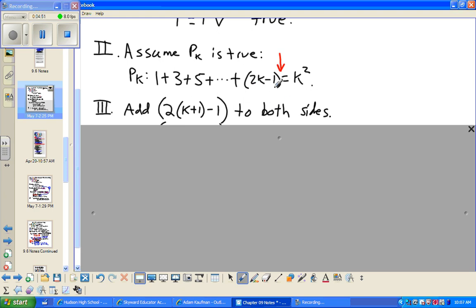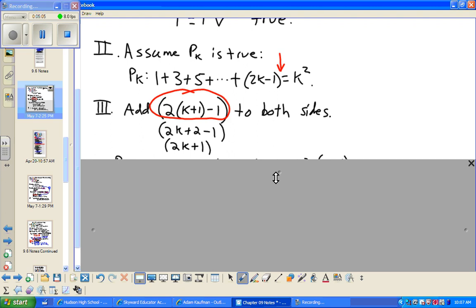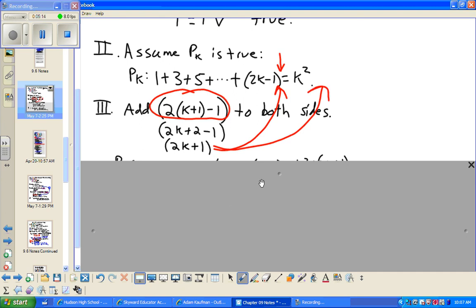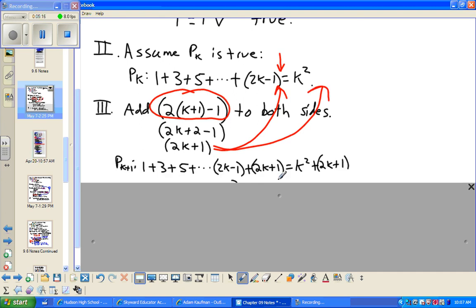To get the next term, if this is the kth term, I would need to add a term that has, instead of a k here, a k plus 1. That's what I've shown here. I'm going to add that to both sides. If I simplify that out, I get 2k plus 1. So I'm going to add 2k plus 1 here and here. Now once I do that, that would represent P sub k plus 1.